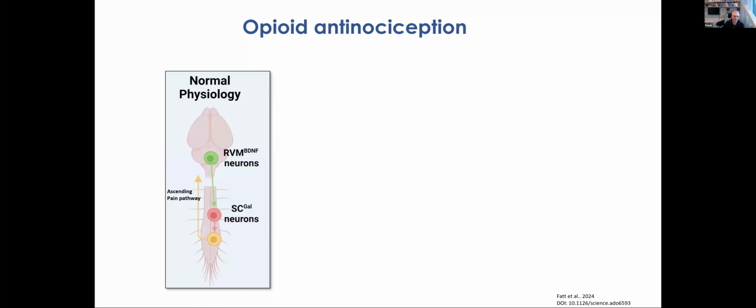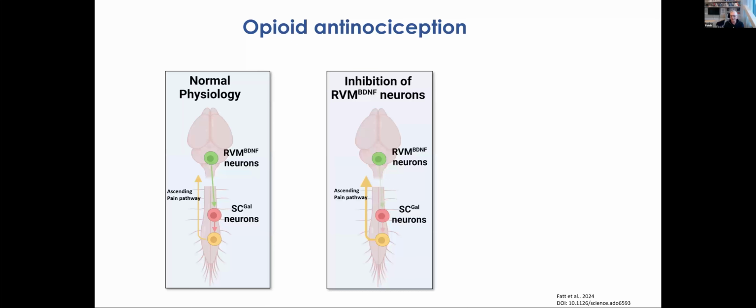And those neurons in turn project and inhibit the ascending pathway, projection neurons in the ascending pathway. And the interesting thing, as I already showed you, is that now when we inhibit these RVM BDNF neurons, we get much greater pain response. So meaning that these neurons are continuously active and continuously suppressing pain in the animal.